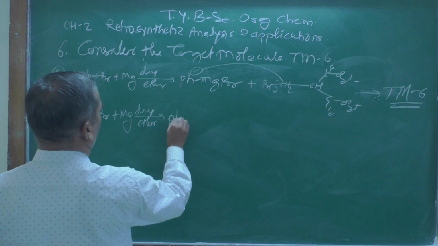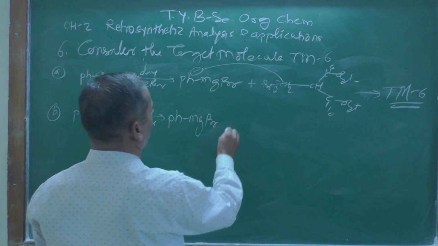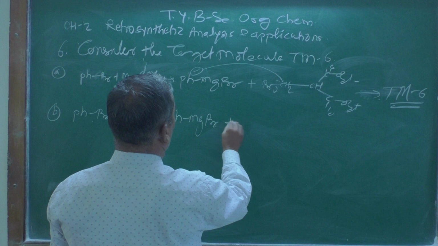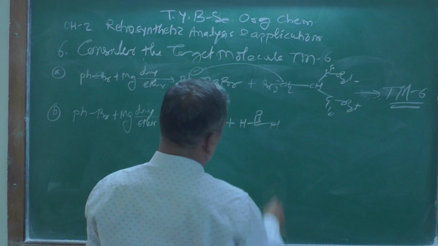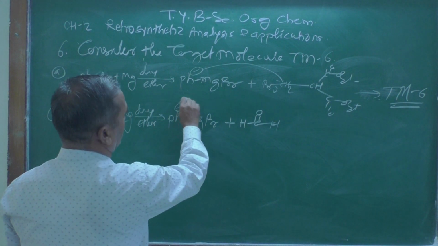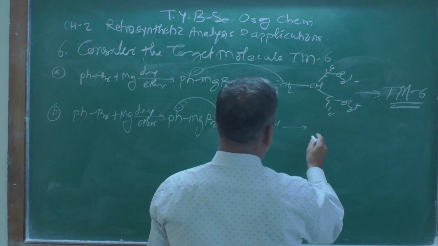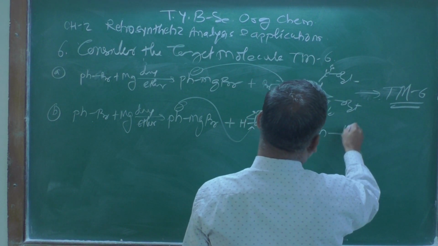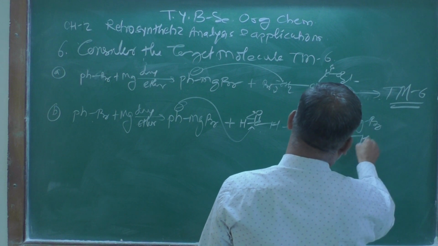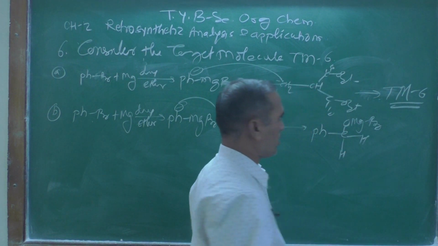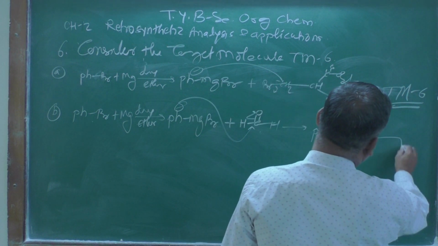So here PhMgBr will be treated with formaldehyde, HC double bond OH, and this is attacking on this carbonyl group, and you are going to get over here PhCH2OMgBr.